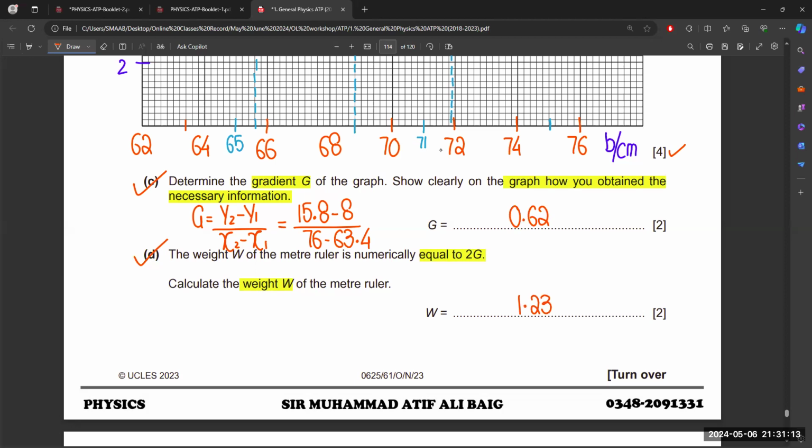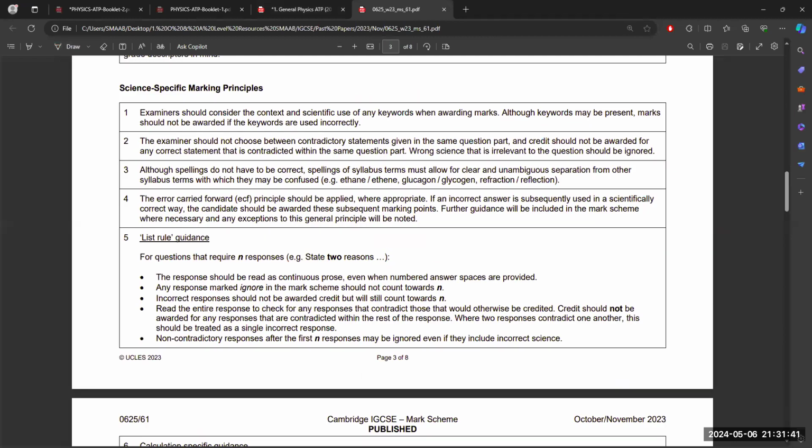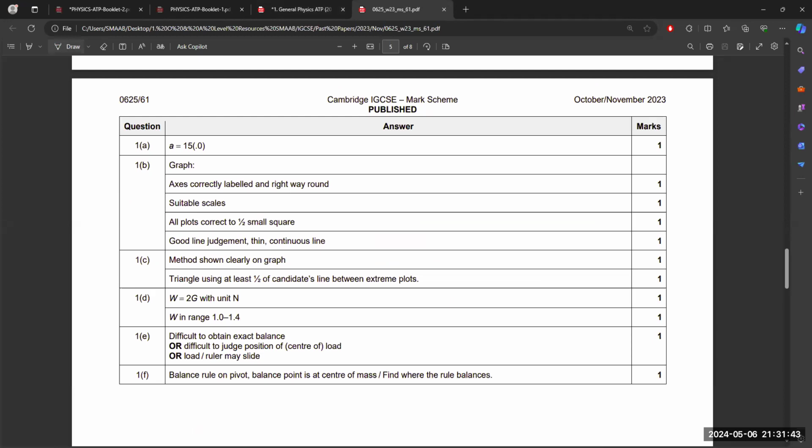And if we check the marking scheme also, let me show you the marking scheme. So you can see the marking scheme for ATP will be like this.